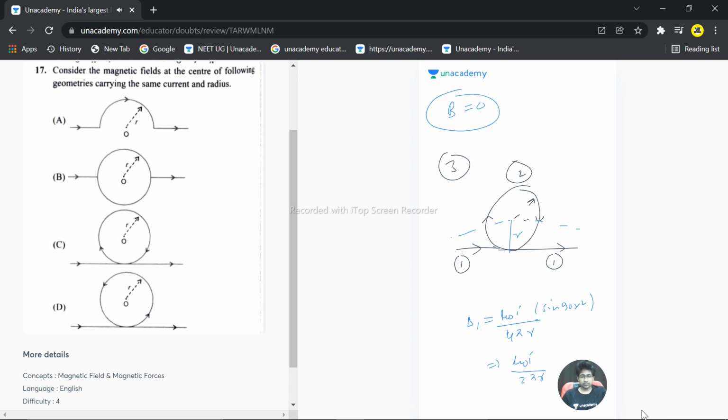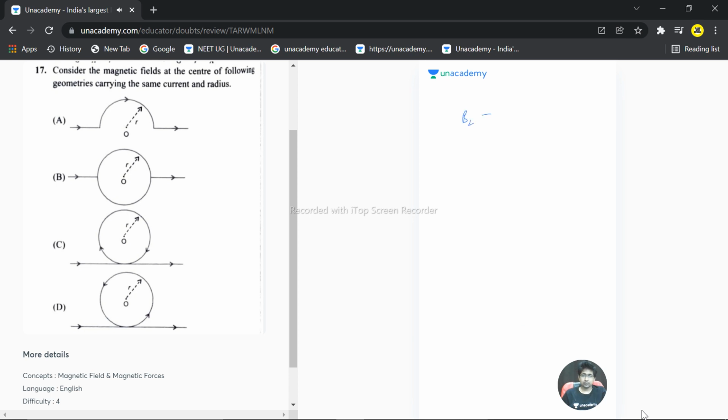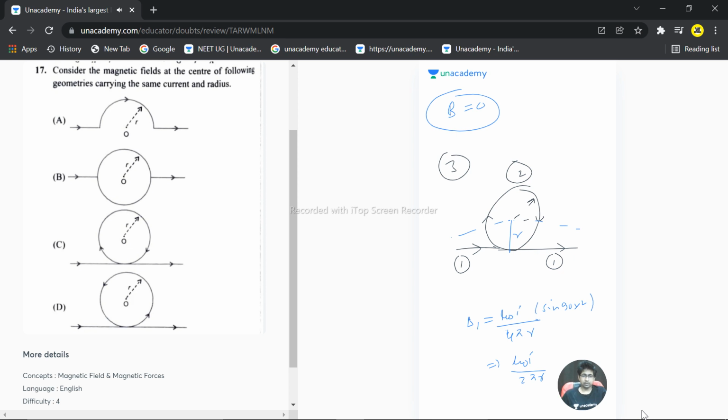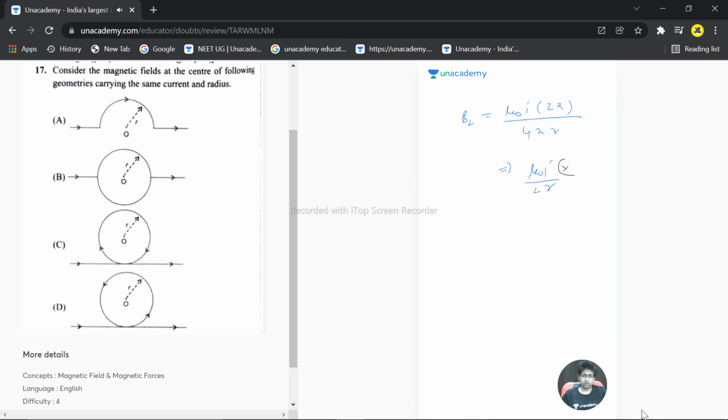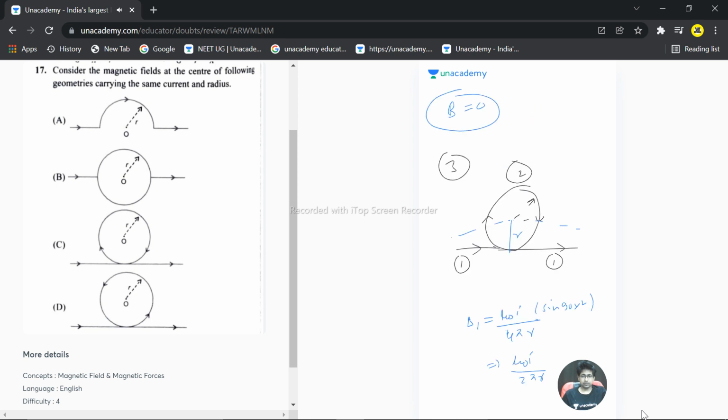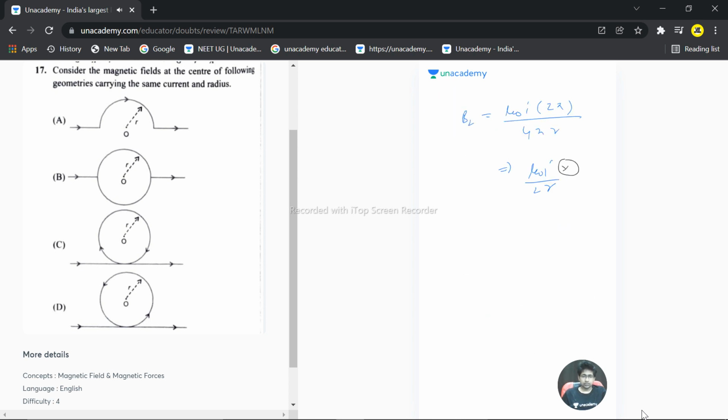And because of the second, B2 is how much? Mu naught I theta, theta is 2 pi by 4 pi r. So that's coming out to be mu naught I by 2 r. And the field will be cross. And because of this, the field will be dot. So let's solve this.